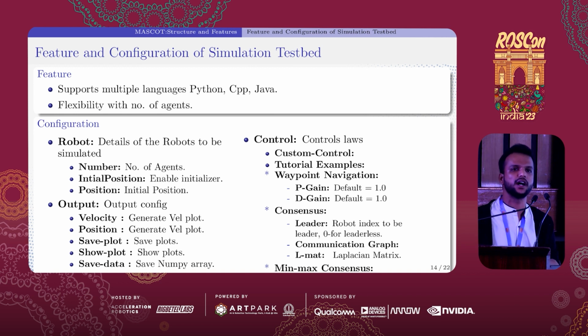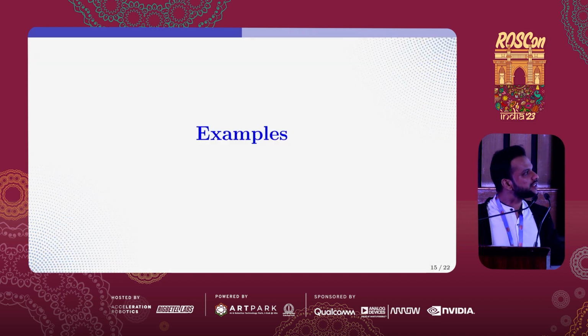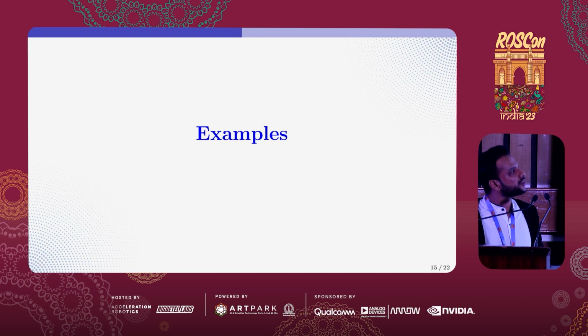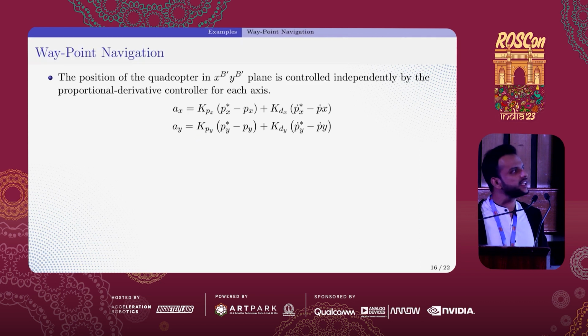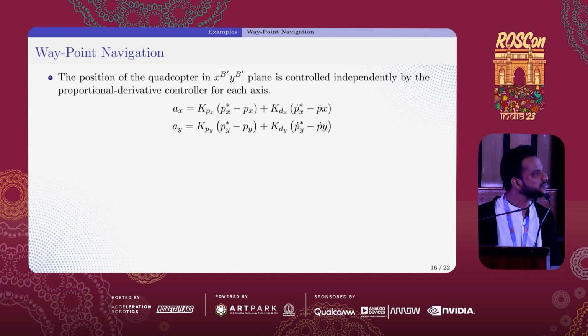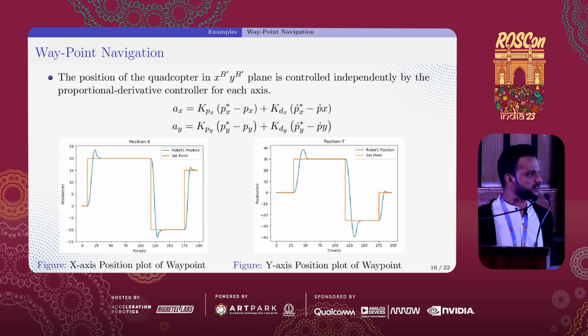We have also provided a few example control laws: waypoint navigation, consensus, and min-max consensus. Talking about a few examples, the first is waypoint navigation, a very simple PD position controller, and you can see the plots we have got for our system.